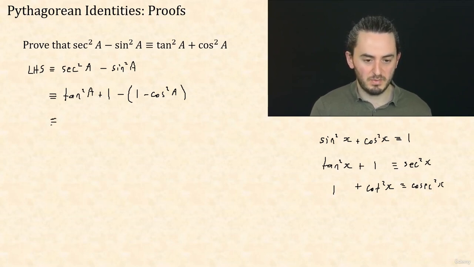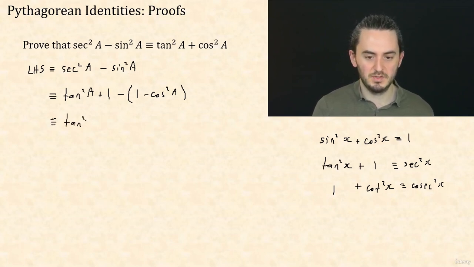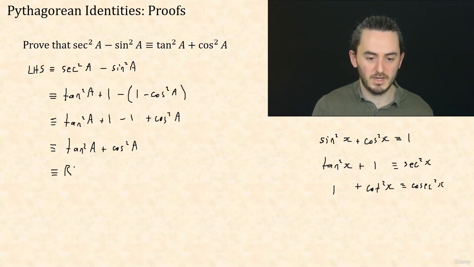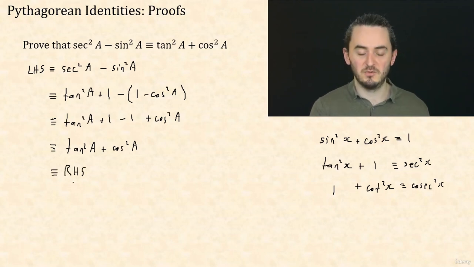If I expand that bracket, I get tan squared a plus 1 minus 1, minus minus, so plus cos squared a. Well, 1 minus 1 cancels, and we are just left with tan squared a plus cos squared a. Well, that's what we were trying to prove. So that's the right hand side, and we are done.